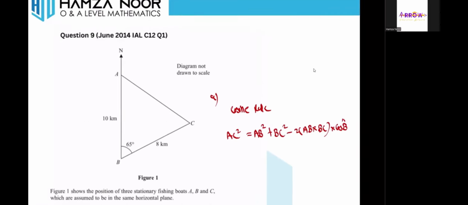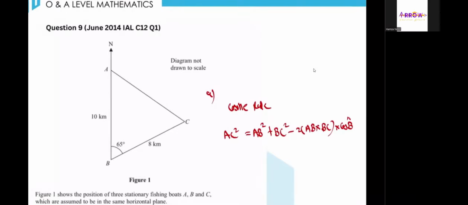AC squared is equal to, the length of AB is 10, so 10 squared plus 8 squared minus 2 times 10 times 8 multiplied by cos 65 degrees. Put this complete thing in your calculator.